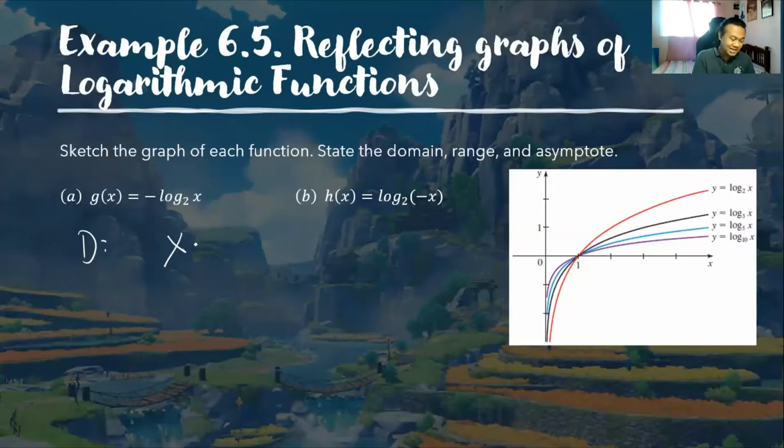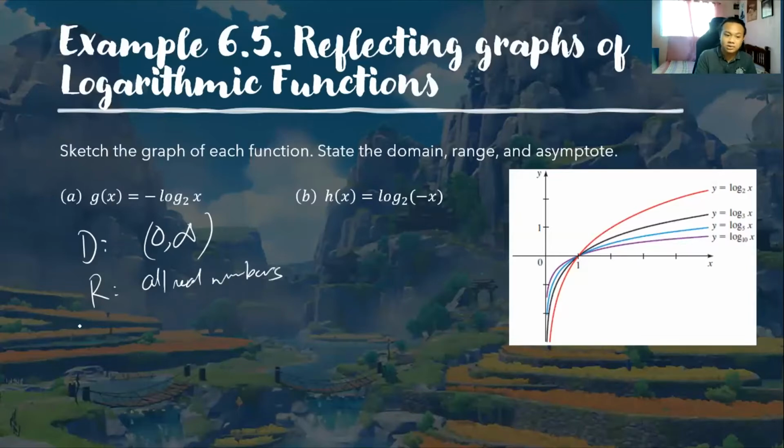It must not be negative. The way logarithms work, what is inside must not be negative. So the domain in interval notation is this. The range is the set of all real numbers.